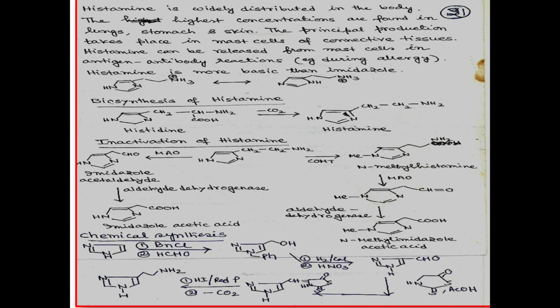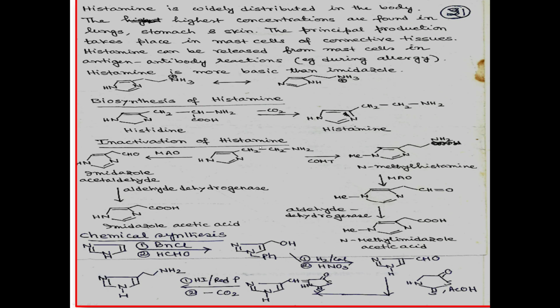Now let us consider the biosynthesis of histamine. As always, this neurotransmitter can be synthesized from the amino acid histidine, and the histidine structure is like this, and when decarboxylation happens, the histidine gets converted into histamine. Now, when histamine's work is over, histamine will be inactivated by our body's own mechanism.